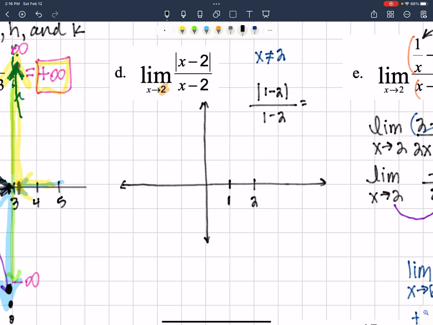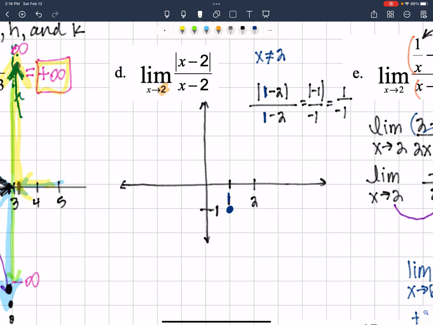The absolute value of 1 minus 2 is the absolute value of negative 1, and the denominator is 1 minus 2, which is negative 1. The numerator becomes positive 1 over negative 1. So when I put a positive 1 in, I get a negative 1 out.